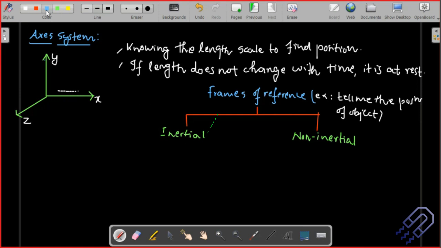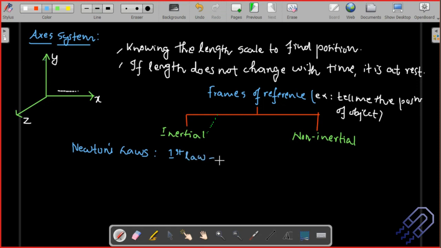In the basics, when we start with physics, we talk about Newton's laws. Newton's law is valid, but there are certain conditions in which Newton's law may not be valid. I'll give you some examples here. If we talk about Newton's laws, now this is important. Let's say I'm talking about the first law.